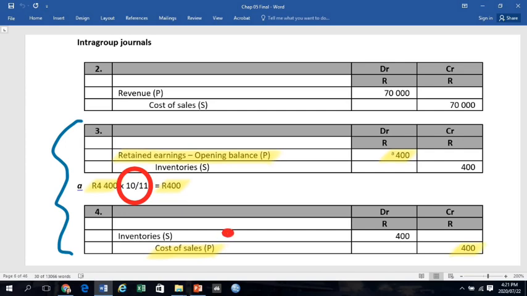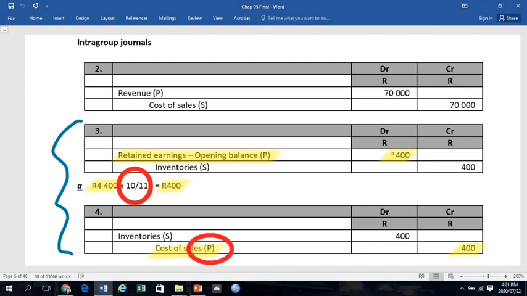Please note it's the selling entity's cost of sales that I'm using to bring that profit back into the group. It was unrealized at the end of 20X10. It has realized in 20X11 because the inventories have now been sold to a party outside of the group.